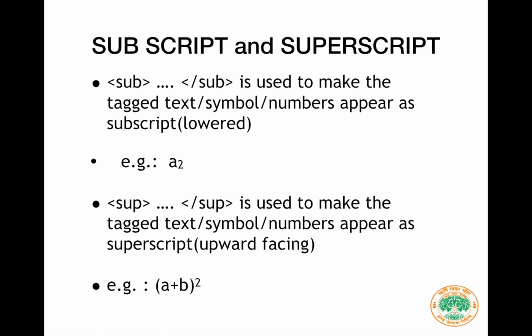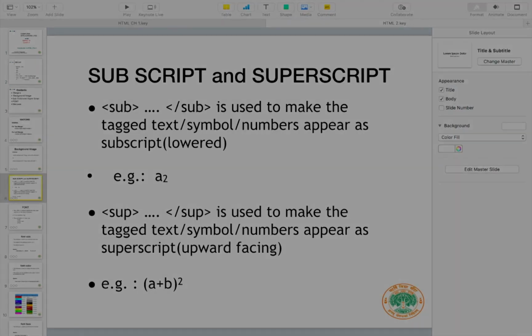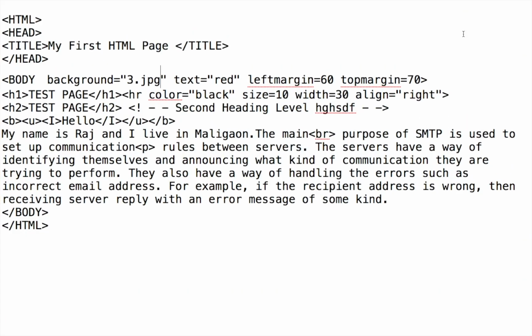Let's try to implement subscript and superscript now. For implementing subscript and superscript, let me give multiple p tags at the end so that it is visible properly. Let's say I want to write A2. It is a subscript, so I'll give sub.